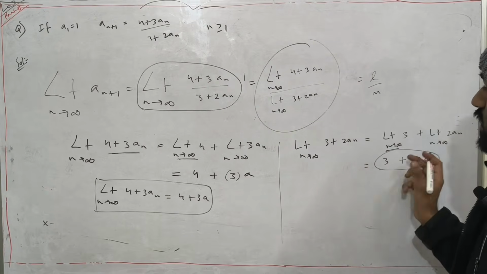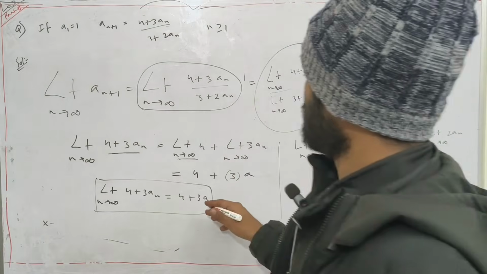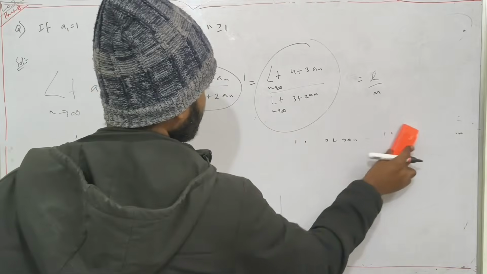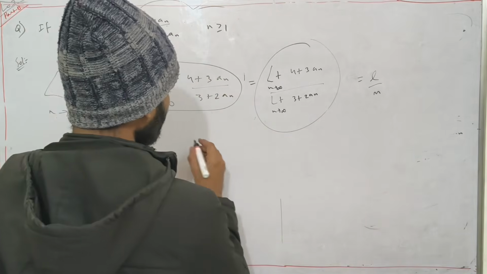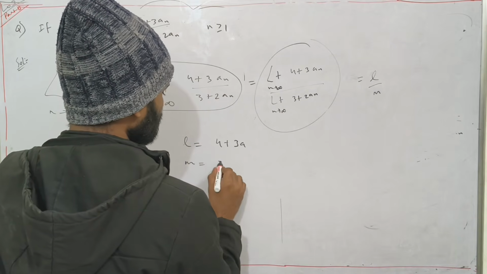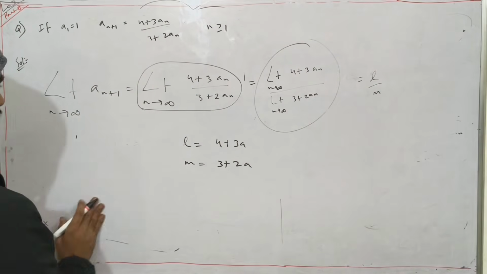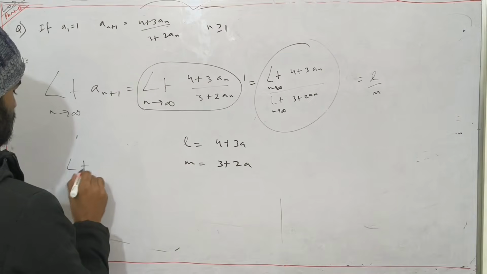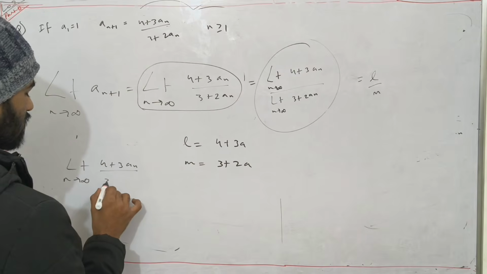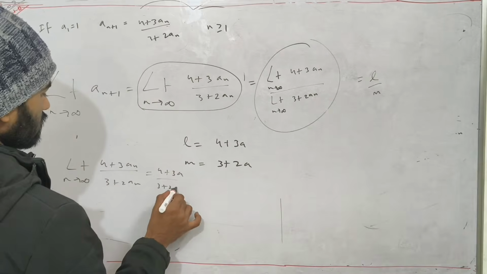We got some value on the right-hand side, so this must exist. So the numerator and denominator both exist individually, with values L equals 4 plus 3a and M equals 3 plus 2a, and we can divide them: limit n tends to infinity (4 + 3an) by (3 + 2an) equals (4 + 3a) by (3 + 2a).